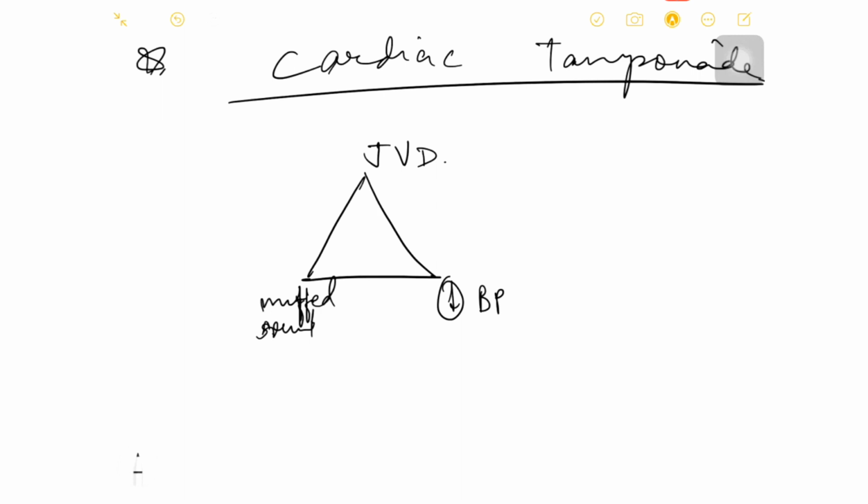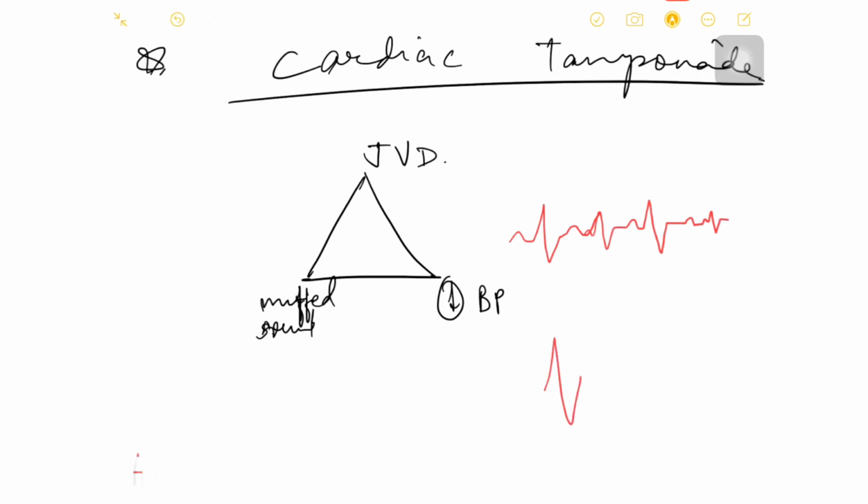What is the ECG finding? How does the ECG look for cardiac tamponade? Electrical alternans of the QRS complex. Very good. So it actually looks something like this. I'm not that good at drawing, but there is a QRS, then a T wave, then again a big one.